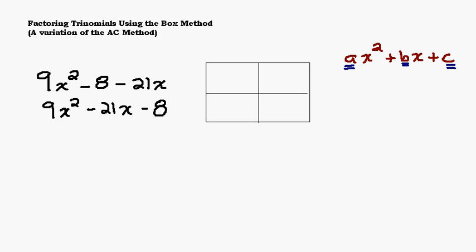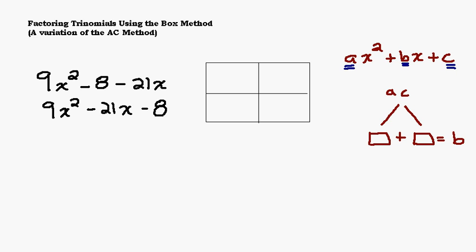In the AC method, your first step is to multiply a times c, and then figure out two numbers that will multiply to be that product and add to b, the coefficient on the x term. So it's going to be the same step with the box method.